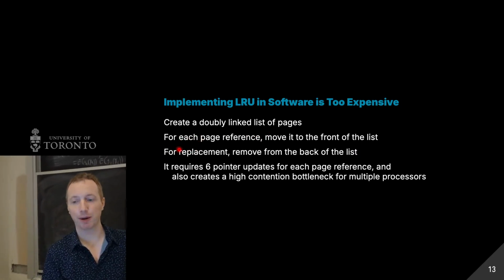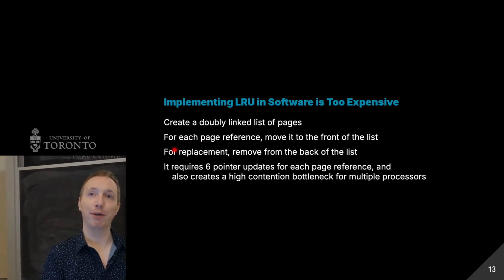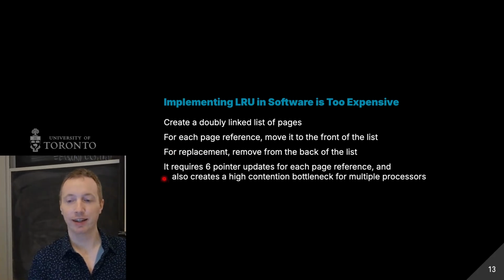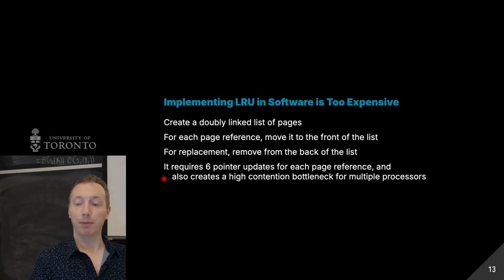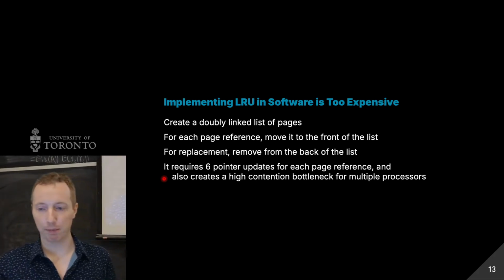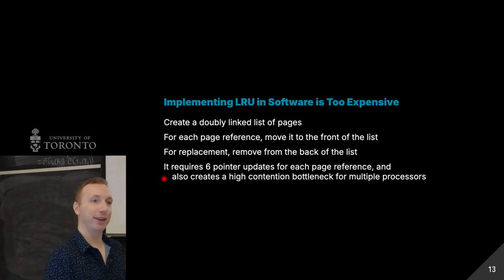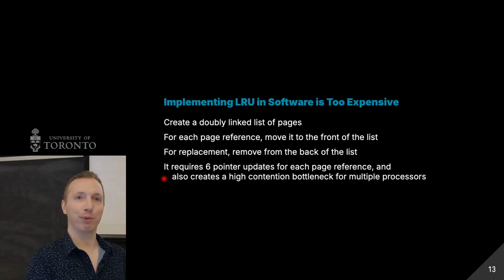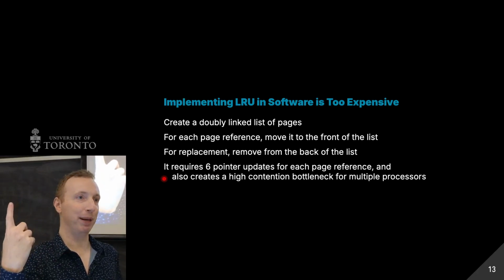If I count the number of constant operations I need to remove an element from an arbitrary place in a list and place it at the front or the back, that would require 6 pointer updates whenever I access a single byte on a page.